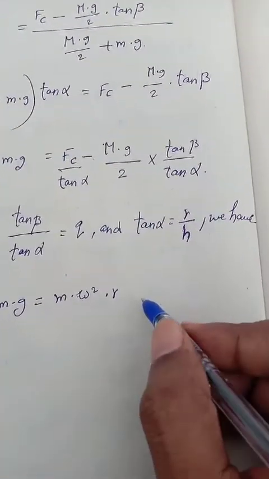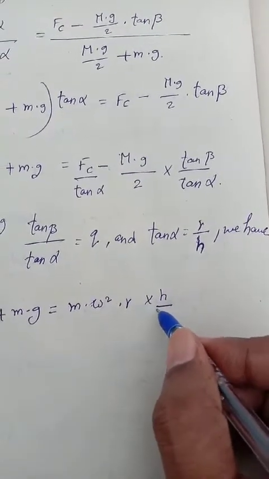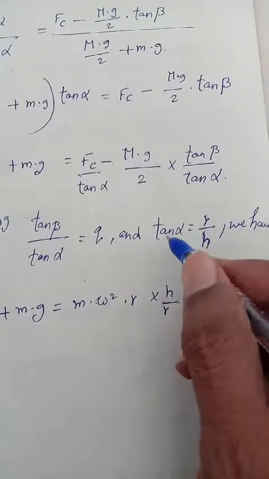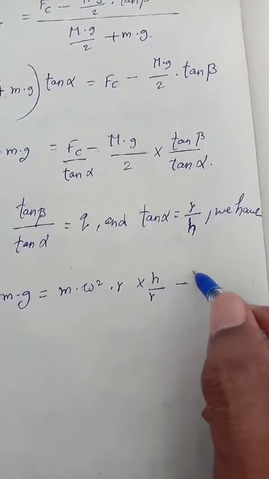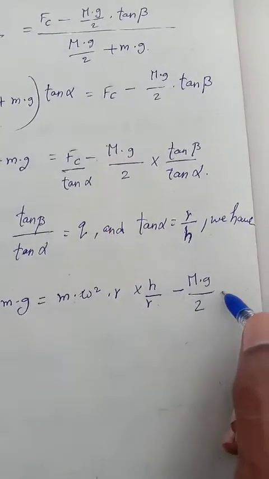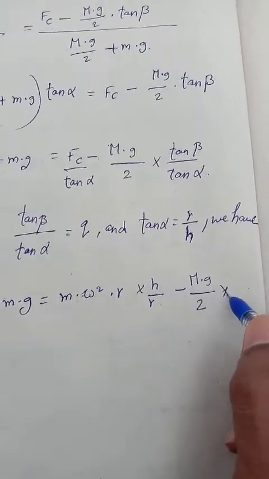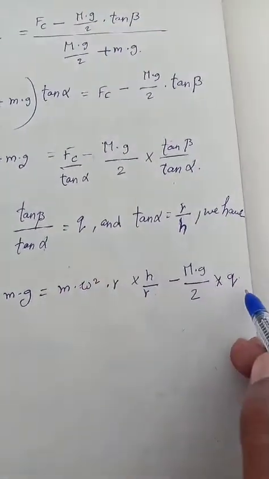And then into tan alpha, that is equal to H by R, so R by H, so 1 by tan alpha is equal to H by R. Minus capital Mg by 2 into Q, tan beta by alpha is equal to Q.